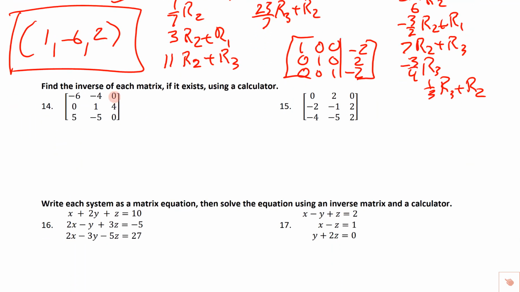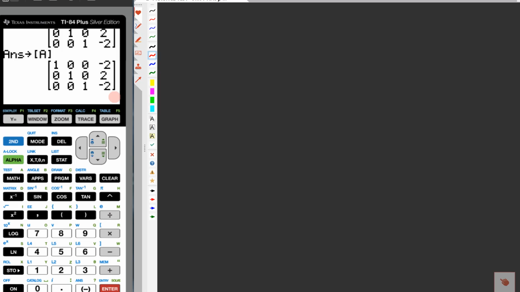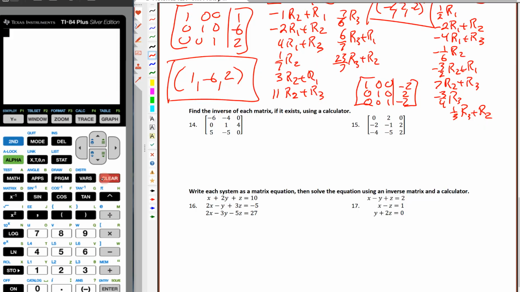It says find the inverse of each matrix if it exists using a calculator. So these are 3 by 3, so we get to use a calculator on both of these. So I guess I'll have to shrink this down. I'm going to hit clear the home screen off. And the great part about this is when we're doing this, all we have to do is just type it in.